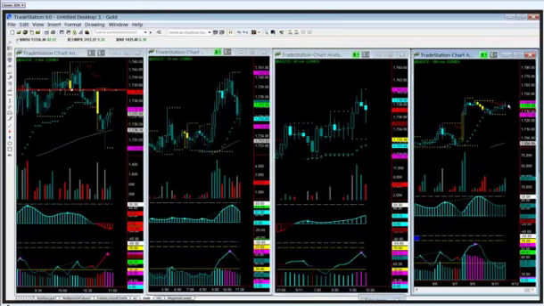The only thing I don't like about this tag on the ATR on the 180, Stuart, is doing it on increase in volume.